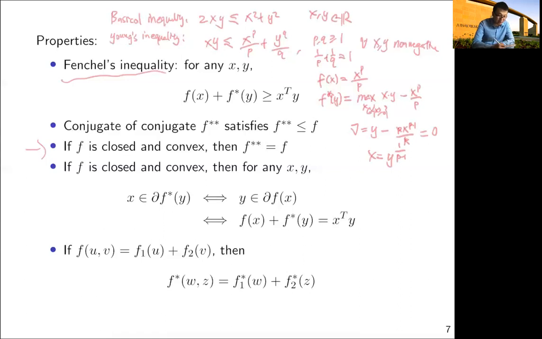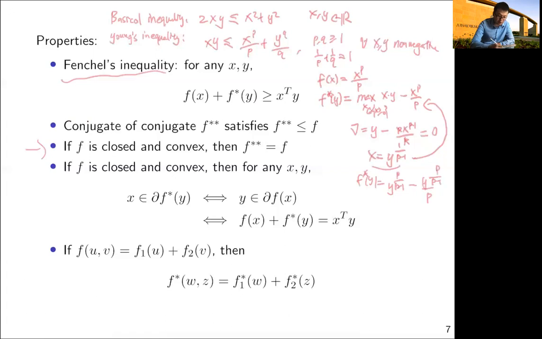Okay, so let's substitute this back into the original objective function that we are maximizing. Then we get f star of y to be y to the power of p over p minus 1, minus 1 over p of y to the power of p over p minus 1.